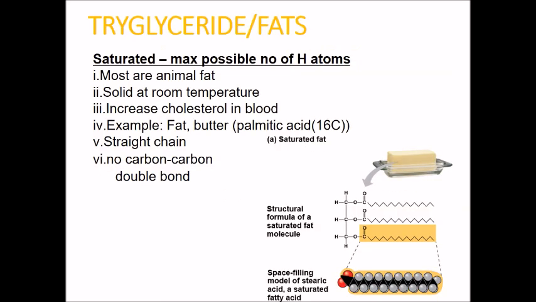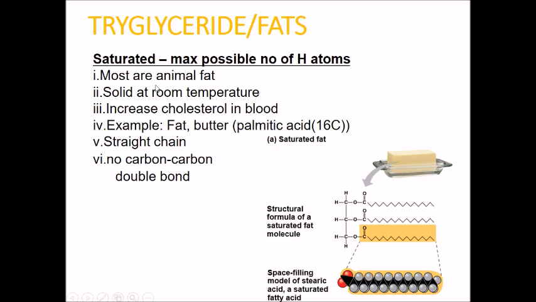Now let's look at the first type of triacylglycerol, which is saturated fatty acids. We have two types: saturated fatty acid or saturated fat, and the second one is unsaturated fat. The first one is saturated fats or saturated fatty acid.